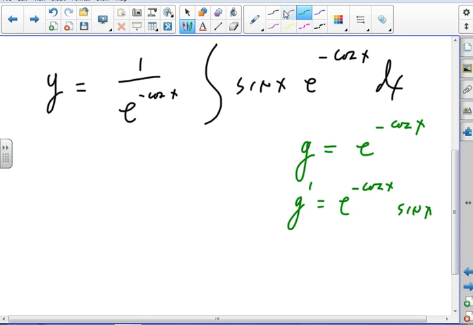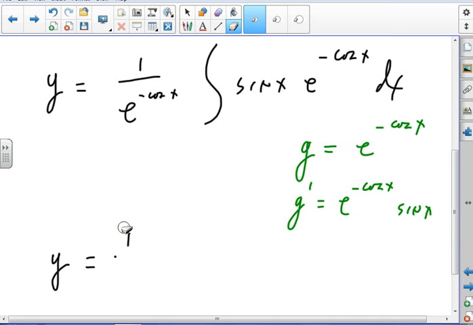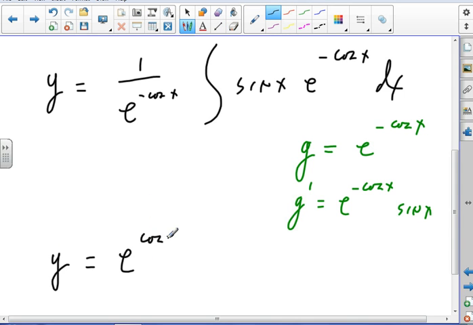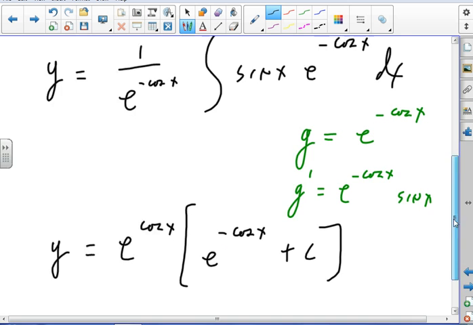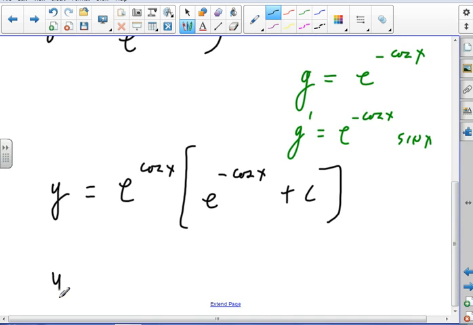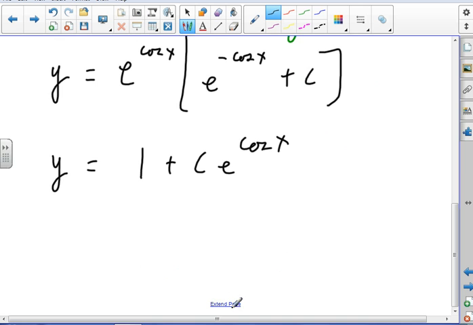Okay, so my final answer, well, not my final answer, I still have the initial condition. Well, we won't do that yet. We'll just call it e to the cosine x times e to the minus cosine x plus c. Okay, so y is equal to 1 plus c e to the cosine x.